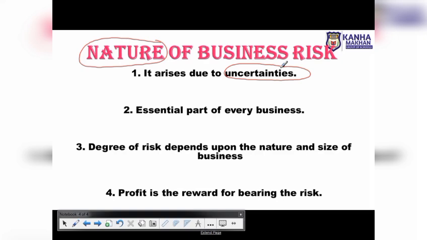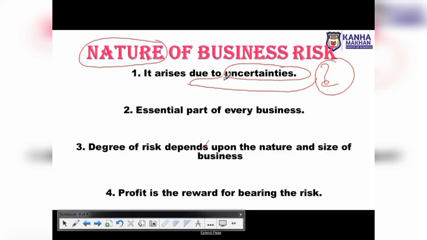When you are not confident about the situation, that arises the risk. When I'm not sure about something, I'm having confusion in my mind and I don't have a solution, that situation automatically creates uncertainty. So that is actually your risk.